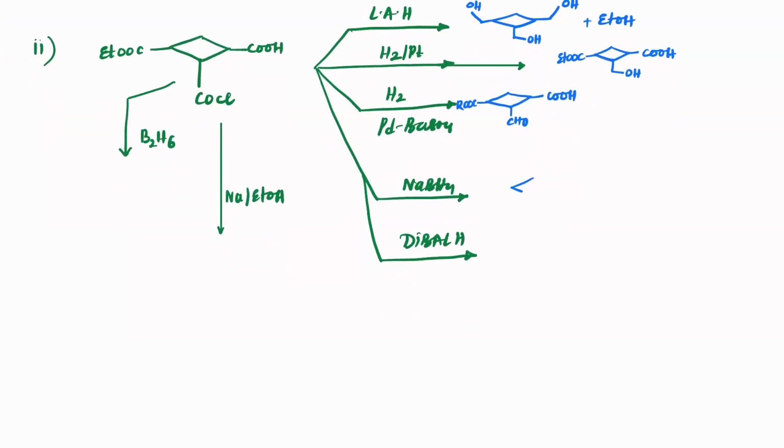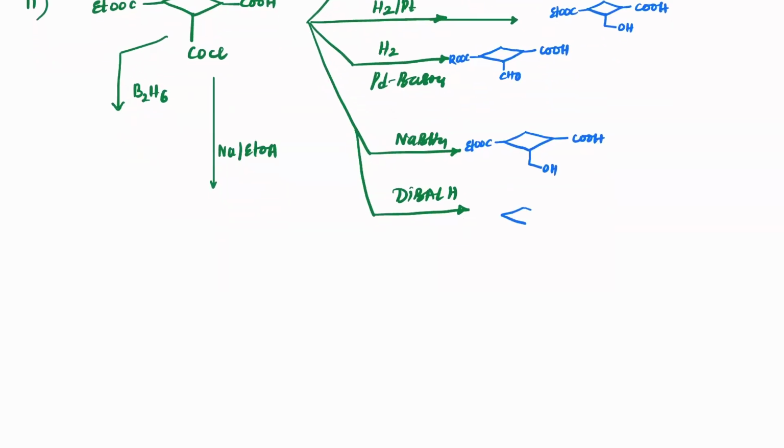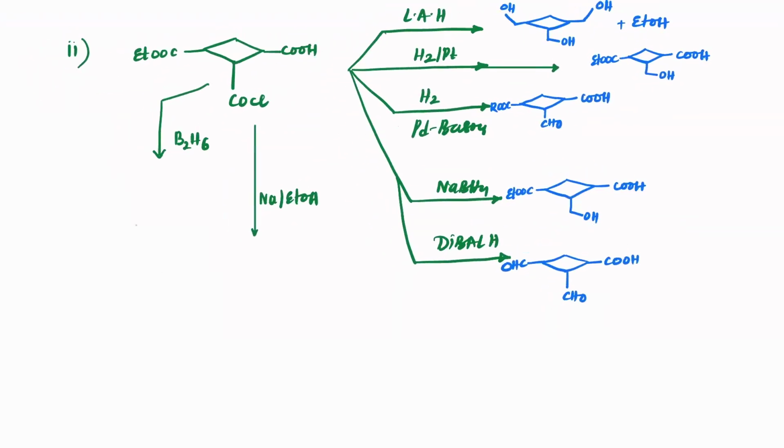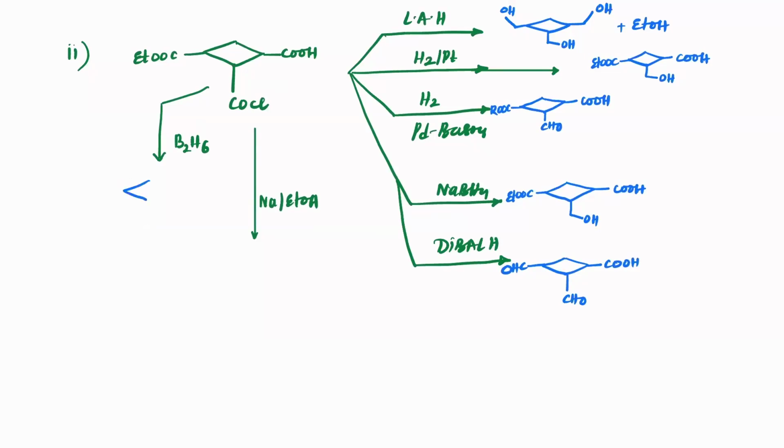Next, with NaBH4 it is the same thing, but here you will get an alcohol. This acid will remain the same, and this ester will remain the same. In case of DIBAL-H, this will also become an aldehyde, the acid will remain the same, and the ester will also become an aldehyde. This is the product.